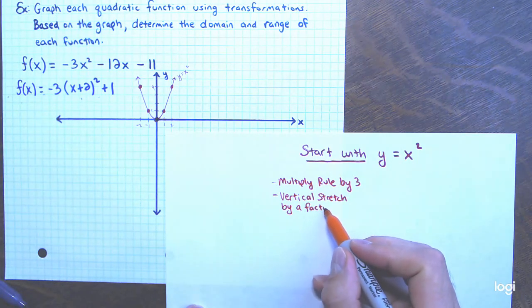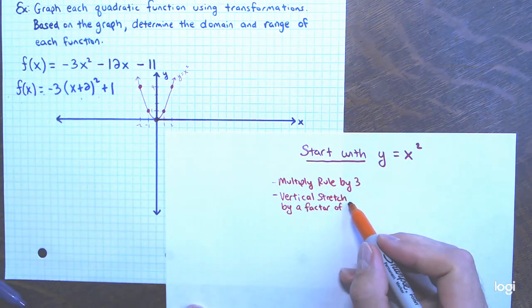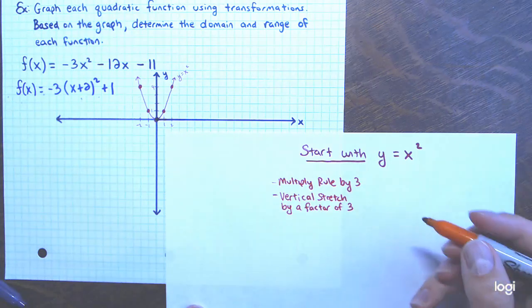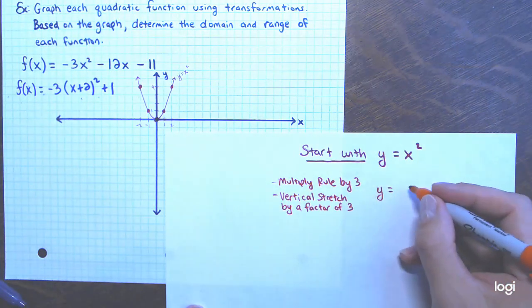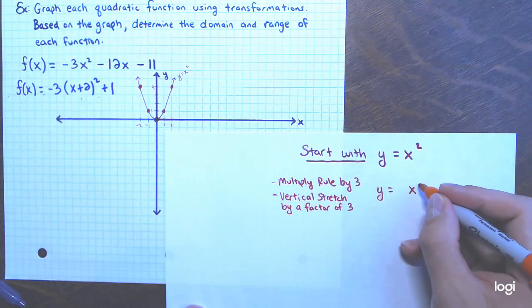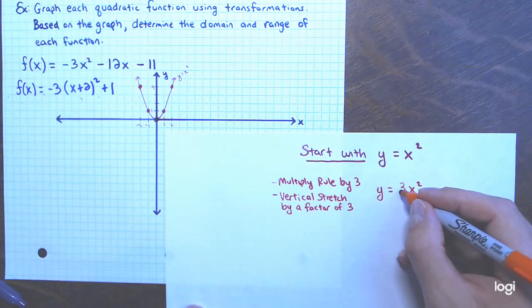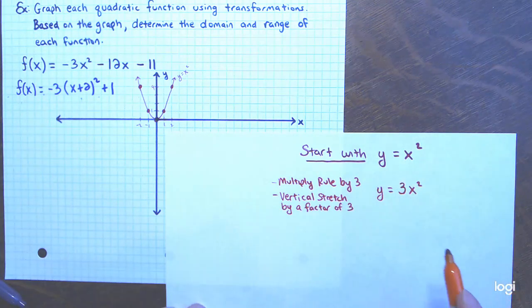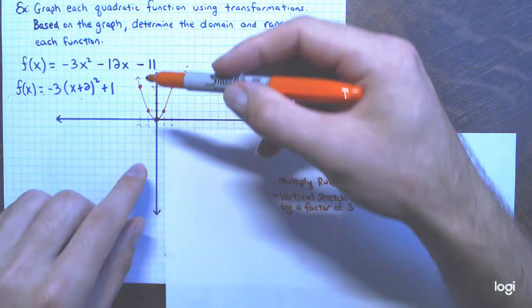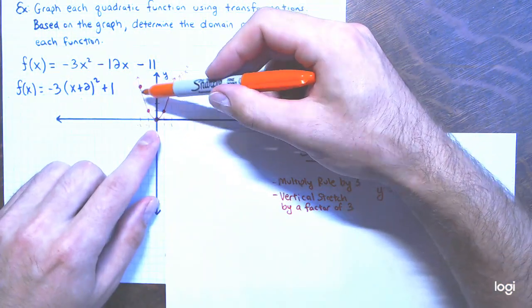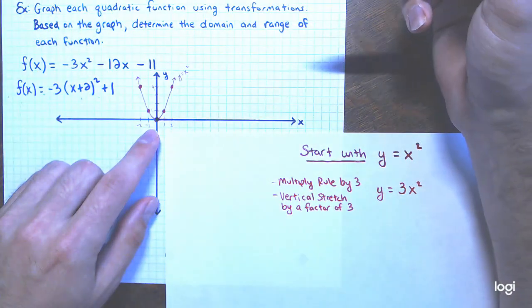And all you're really doing is multiplying all the y coordinates by 3. So we're looking at the graph of y equals 3 times x squared, vertically stretched by a factor of 3. All the points on the original, I'm just multiplying the y coordinates by 3.